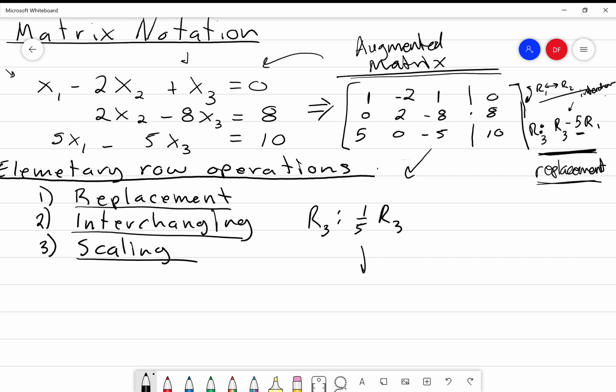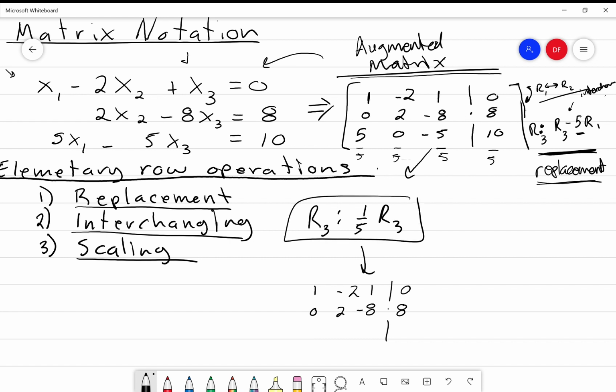When I do that, the matrix I will get is 1, negative 2, 1, 0, 0, 2, negative 8, 8, and then 5 divided by 5, 0 divided by 5, negative 5 divided by 5, and 10 divided by 5, because that's the row operation that I want to use.